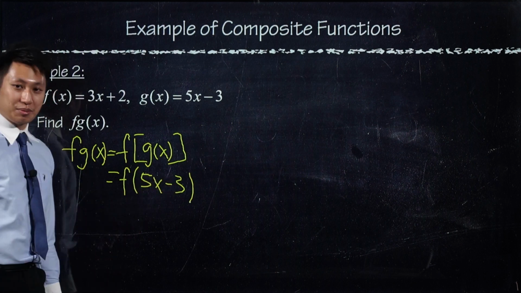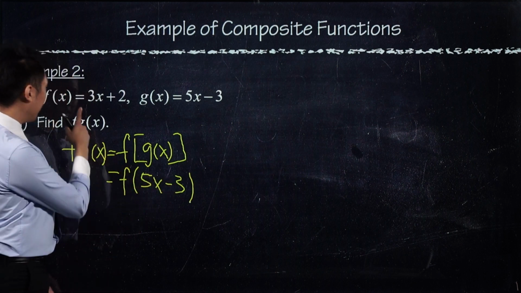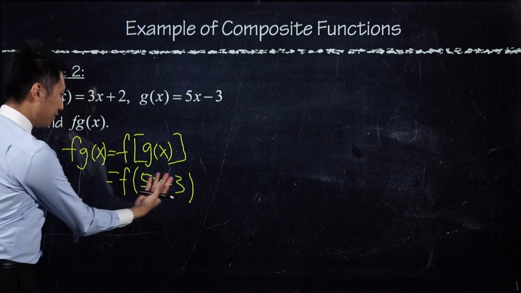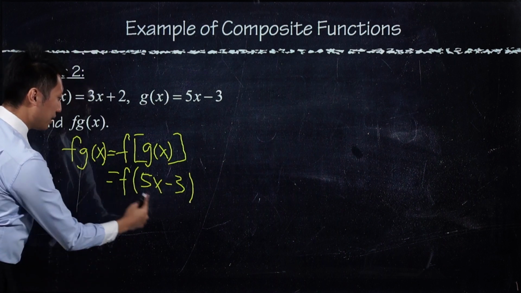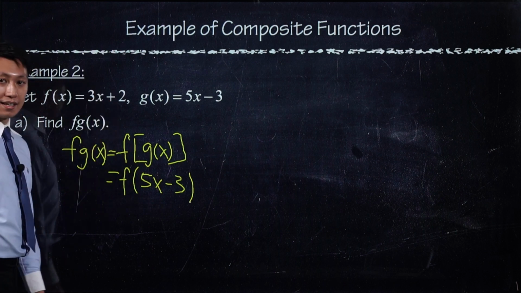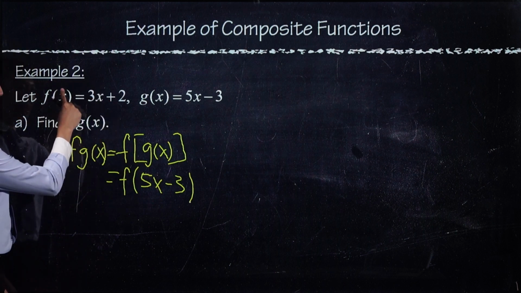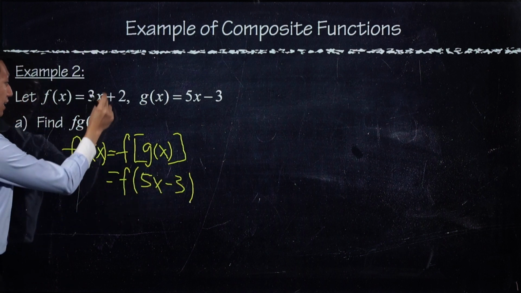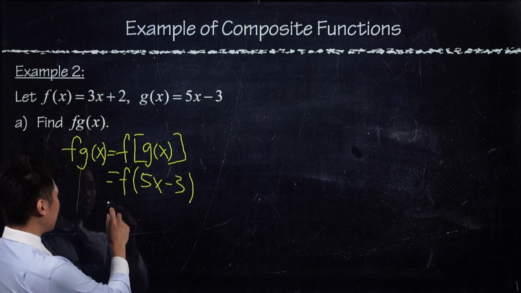If you let Kayla be 5x minus 3, f of Kayla is 3 Kayla plus 2. So f of 5x minus 3, you just replace the whole thing and put it in for x here. Because this is f of x, and now you want f of this whole thing, replace the x here.